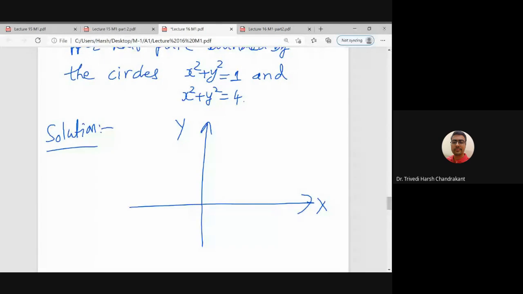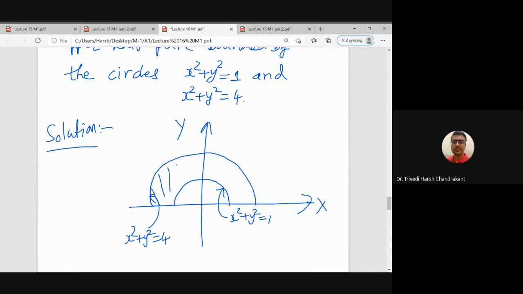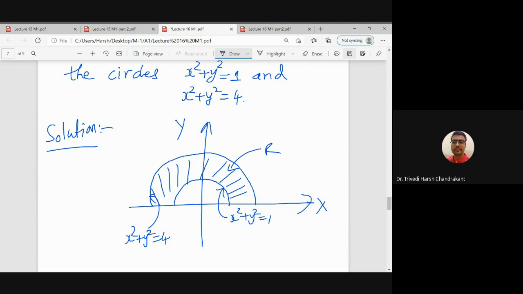The first circle is the unit circle, that is x square plus y square equals 1, and the second circle has radius 2. So this is basically x square plus y square equals 4, and it is in the upper half plane. The region is bounded by these two circles. So this is our region over which we are integrating the function.